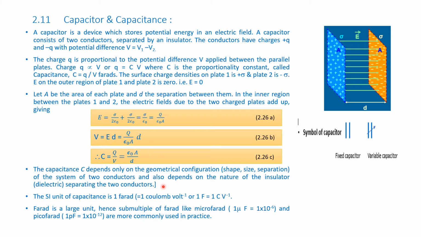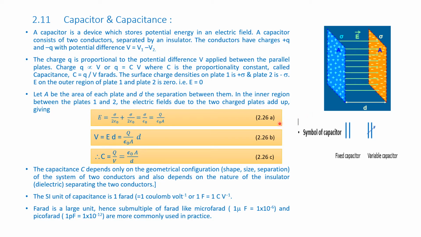Hence, let us repeat the contents of this slide. A capacitor is a device which stores potential energy in an electric field. It has two conductor plates, one positively charged and the other negatively charged.